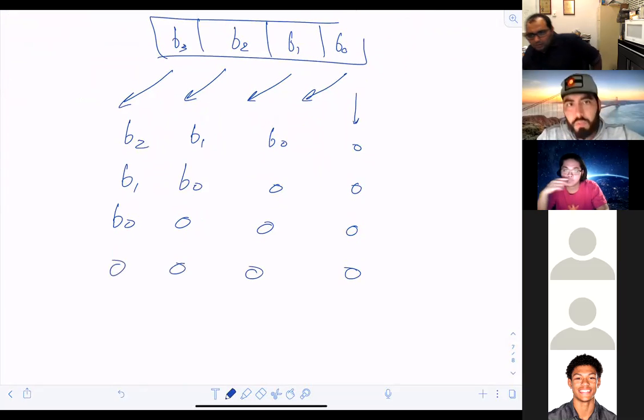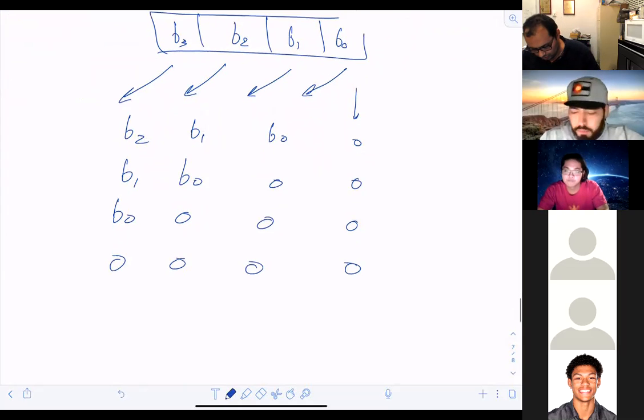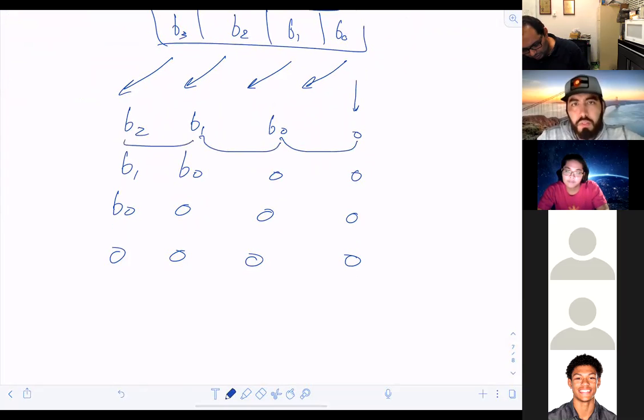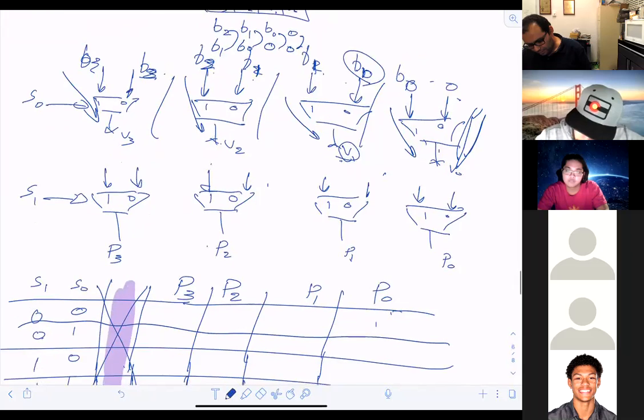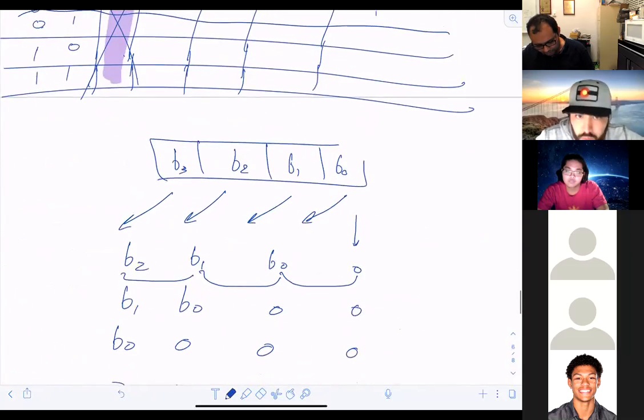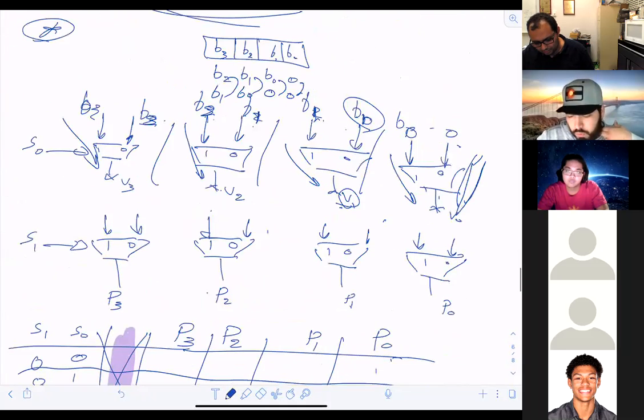So in that case, we need to do the same thing as we did before in the top, right? So the first it was what? This one to this one, this one to this one, this one to this one, right? So B0, B1, B2. Let's see if I do this here. B0, B1, B2, B3. Why do I have B3?